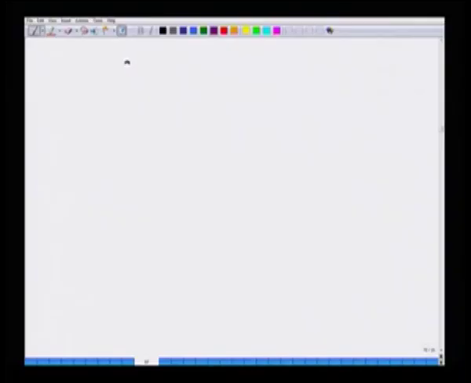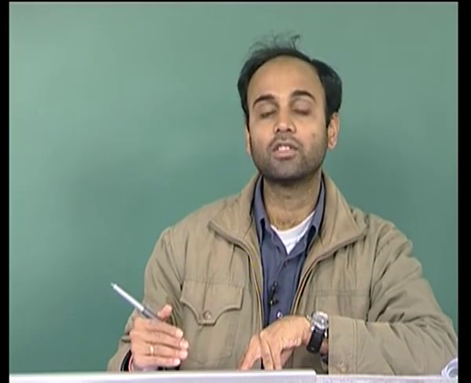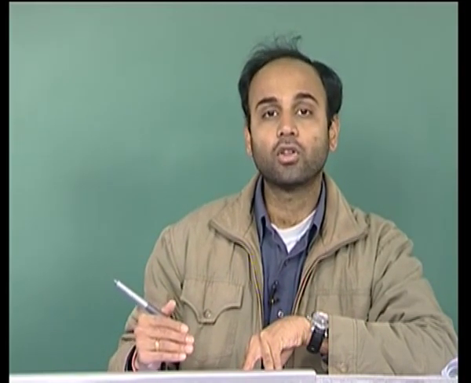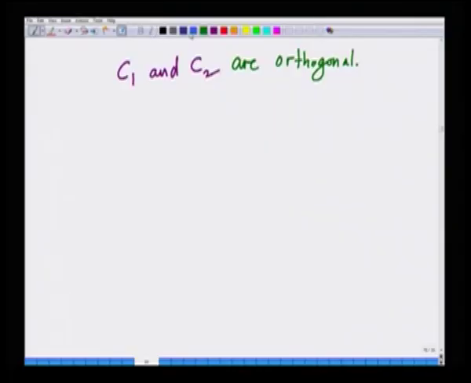As you can see, the columns C1 and C2 are orthogonal. This is not a coincidence, this is by design of the Alamouti code. This is a special property of such codes. The Alamouti code belongs to a special class of codes known as orthogonal space time block codes. So, let me elaborate on each aspect.